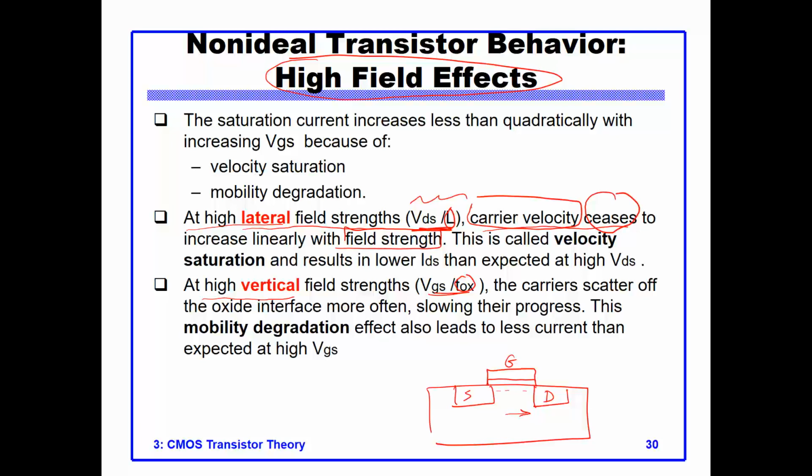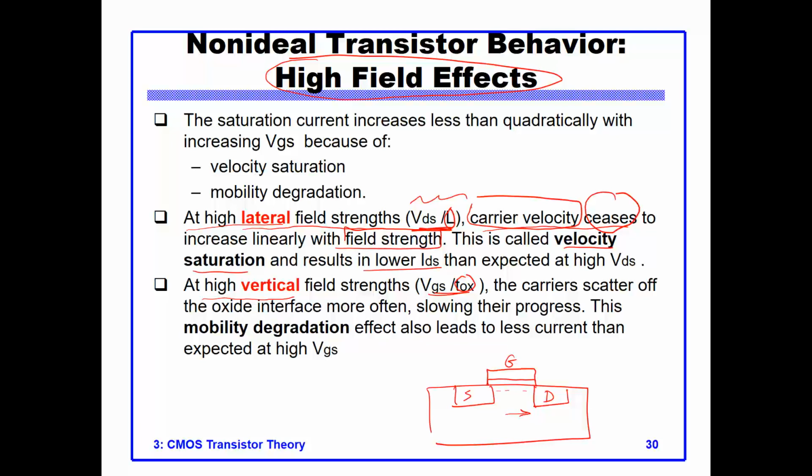It's no longer linear. When the carrier velocity is no longer linear with the lateral electrical field, we call this velocity saturation, and it results in less current.